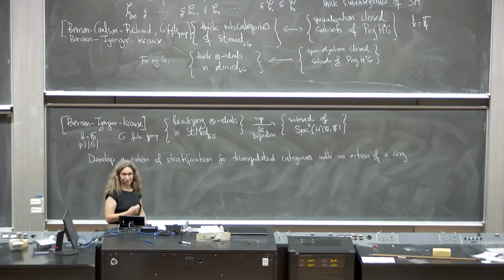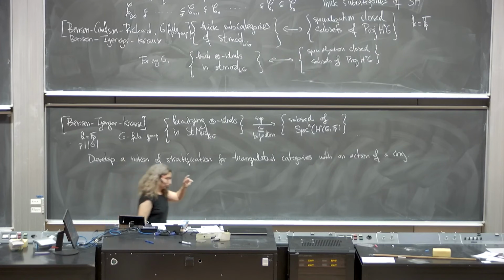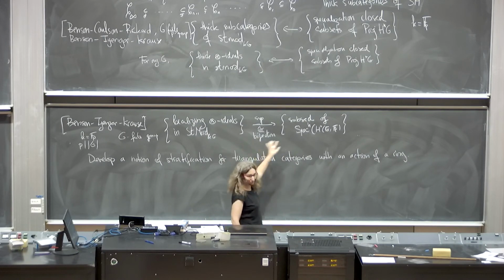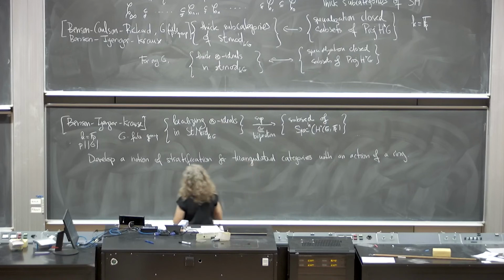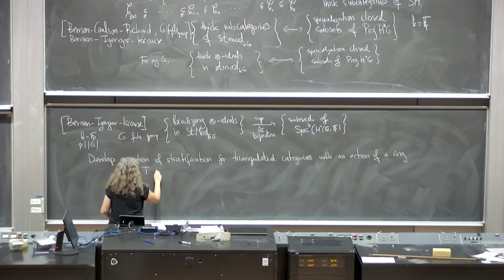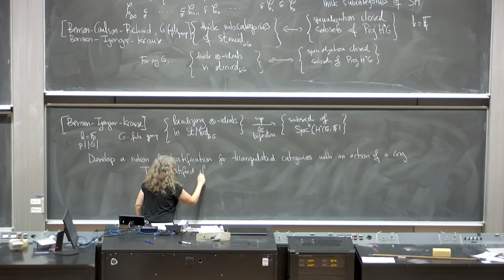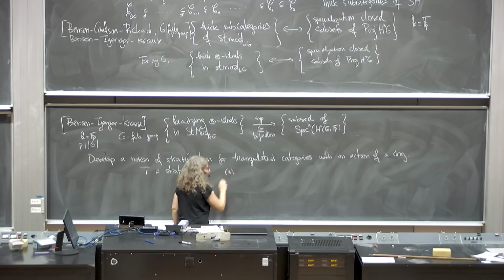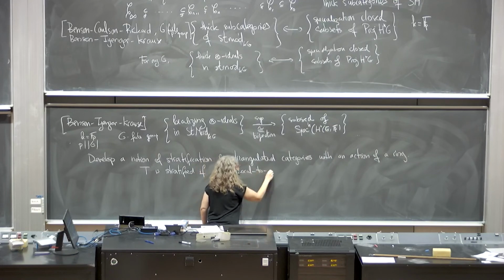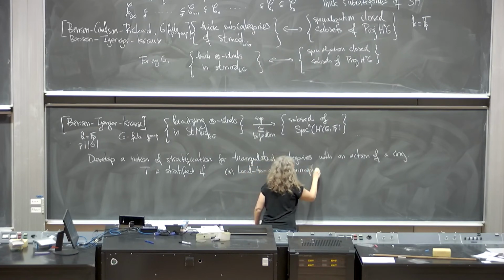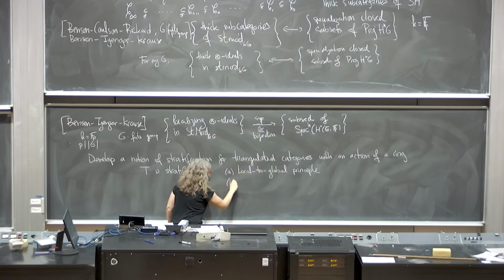They give a definition, and the definition encodes the two key properties that your support function needs to satisfy just to derive the bijection between these two sets, right? And they say that T is stratified if there are two conditions. One is called the local to global principle, and the second one is about minimality.